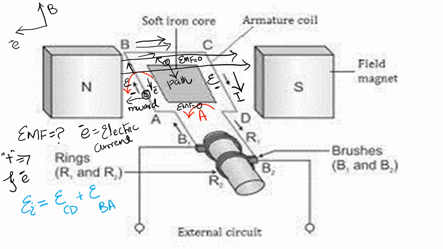Okay, so now as you know, the formula for motional EMF is VBL sine of theta. So now in an AC generator, two EMFs are effective.